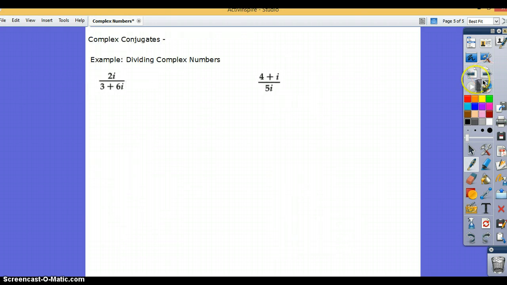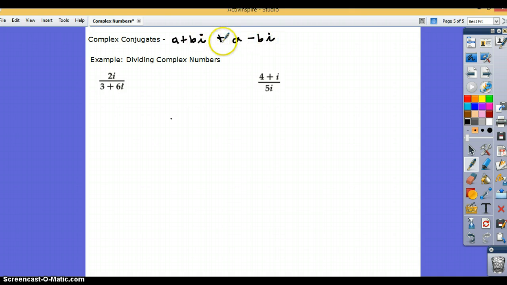All right, last example. Dividing is a little bit more complicated. The key here is we want to get rid of the i down here. So the way we do that is we use what we call complex conjugates. Okay? And that is a plus bi and a minus bi.